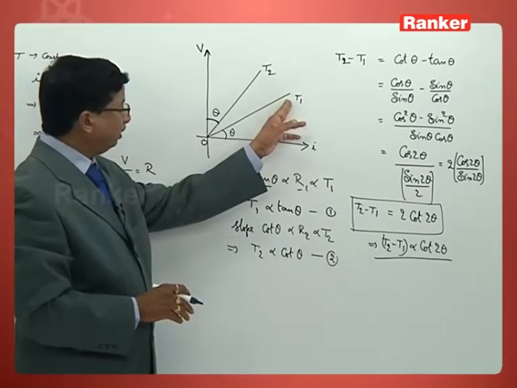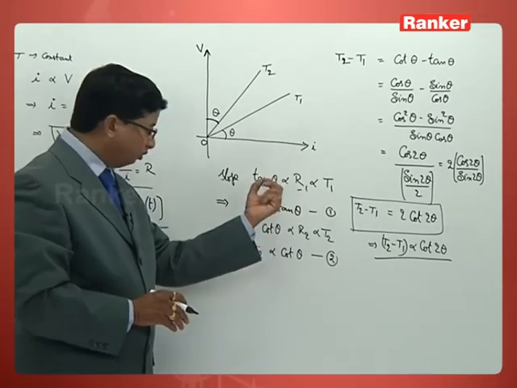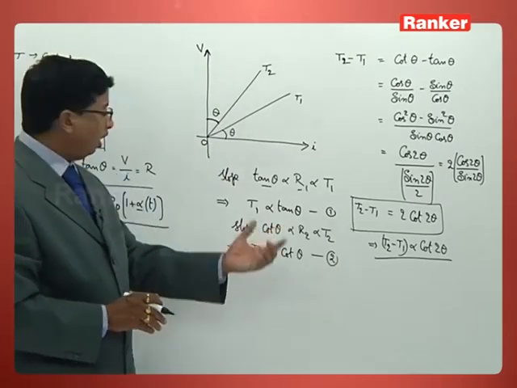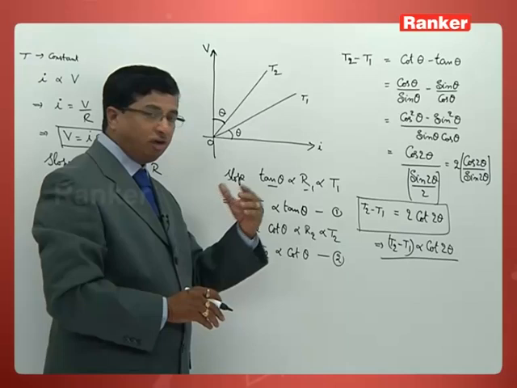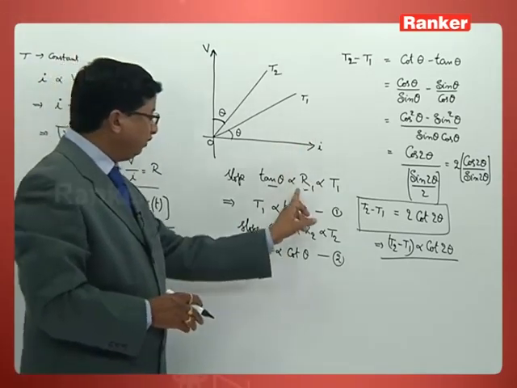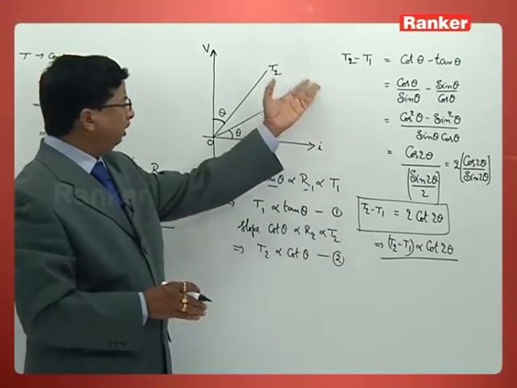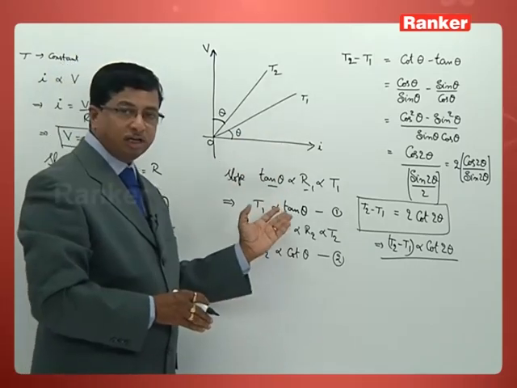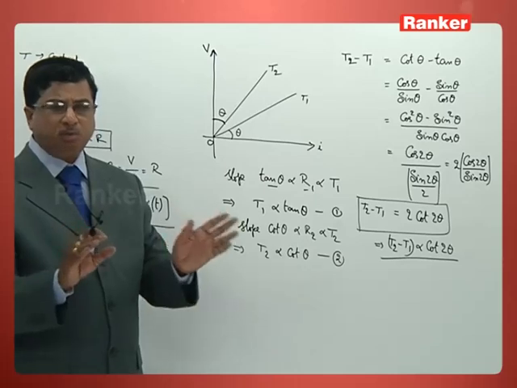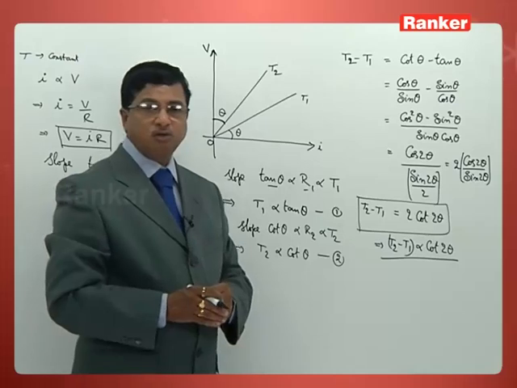So in the case of T1, slope is equal to tan theta. Here it is equivalent to cot theta. So slope is proportional to resistance also. Therefore, resistance in turn is proportional to temperature. Therefore, T1 is proportional to tan theta and T2 is proportional to cot theta. Simple: T2 minus T1, simplify that whole thing and you will get cot 2 theta.